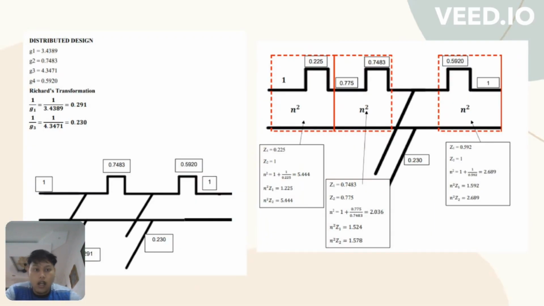So this is our calculation for the distributed design using Richard transformation. We use the calculation and do the Richard transformation using this formula.